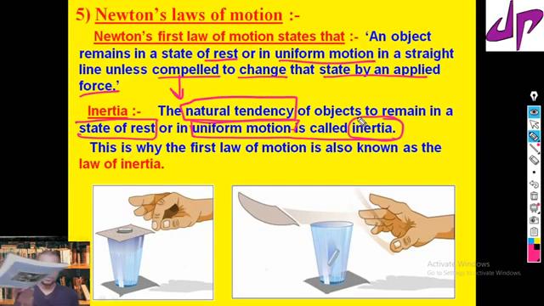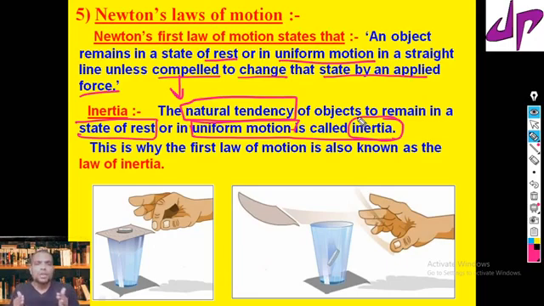If you take this book, you can keep it on the table. The book always wants to be in the state of rest. Why? Because of its own tendency. It wants to stay in the state of rest. That's what we are calling inertia.